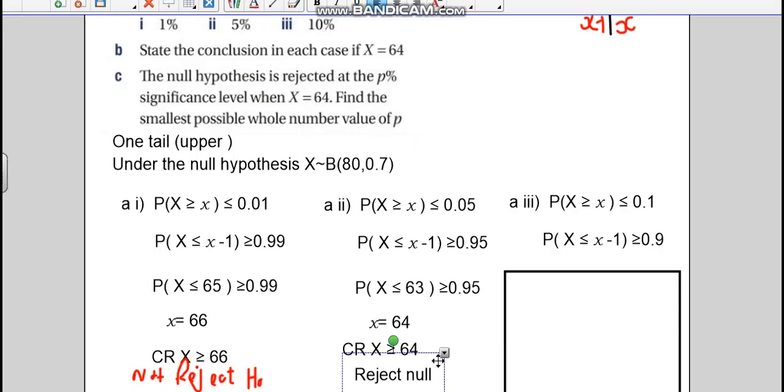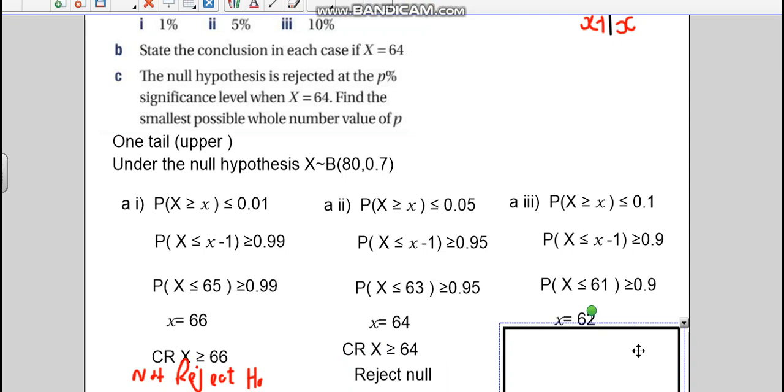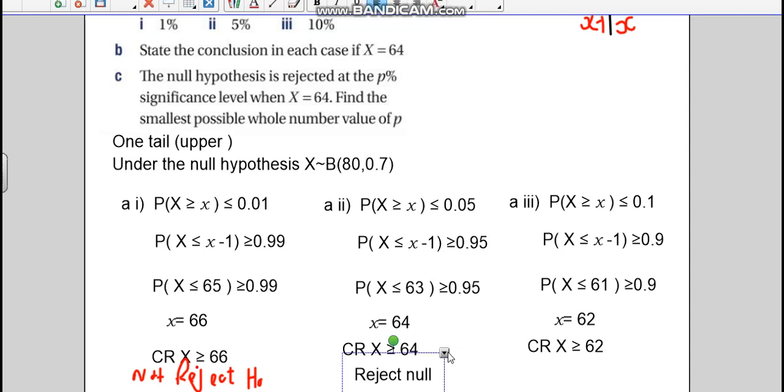So we get less than or equal to 61 is our first value. But again, that's the one on the left hand side of the line, I need the one the other side, so the critical region is X greater than or equal to 62, so again we would reject the null hypothesis there, and again get the wording, it should be significant evidence to reject the null hypothesis.